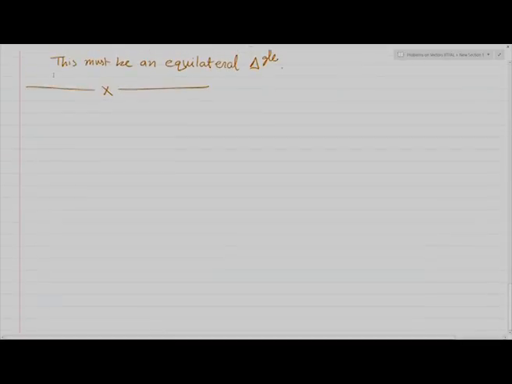Let us take another problem on triangles, which you are very much familiar with, and this time we have an isosceles right angled triangle.